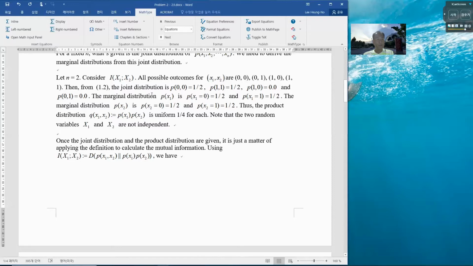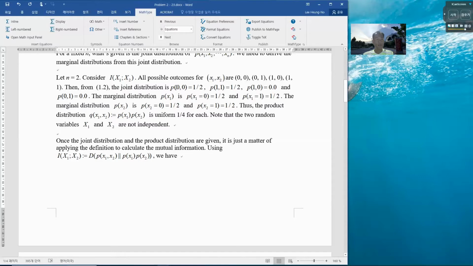The marginal distribution in this case is nothing but p(x1). For the case of x1 equal to 0, it is half. Why? Because this is x1 equal to 0 with x2 equal to 0, and another one is right here, x1 equal to 0 and x2 equal to 1.